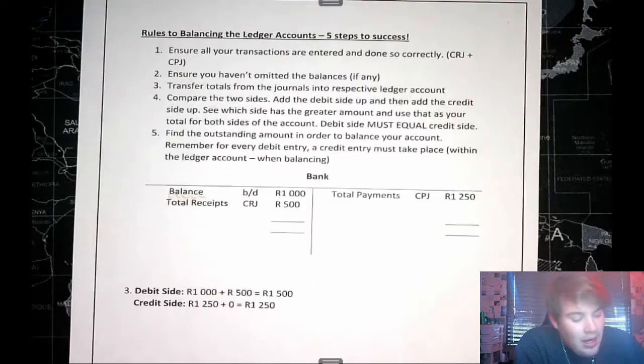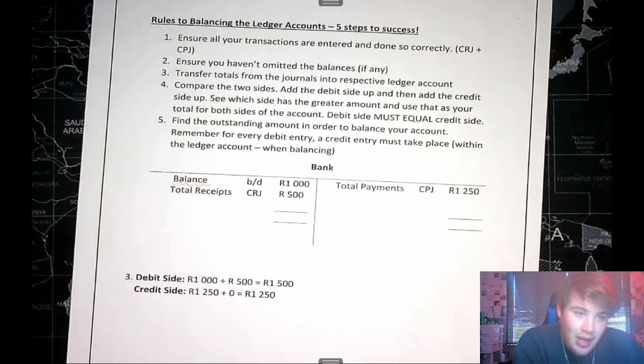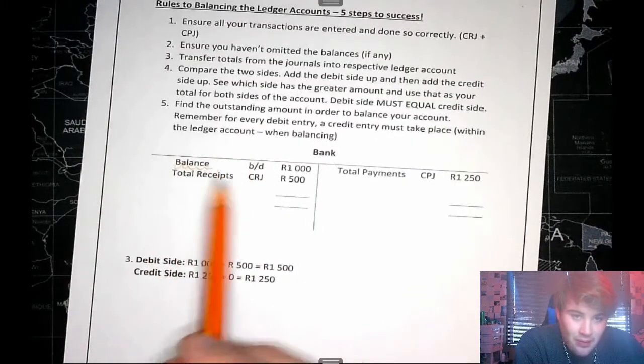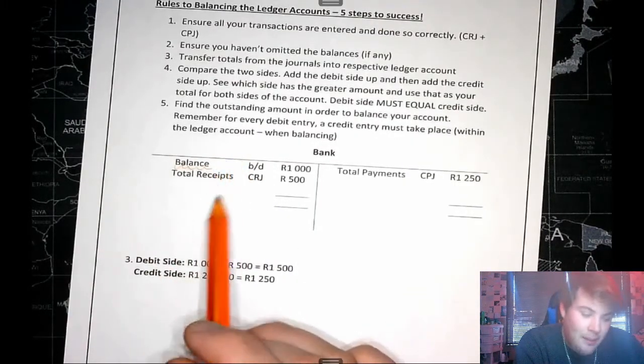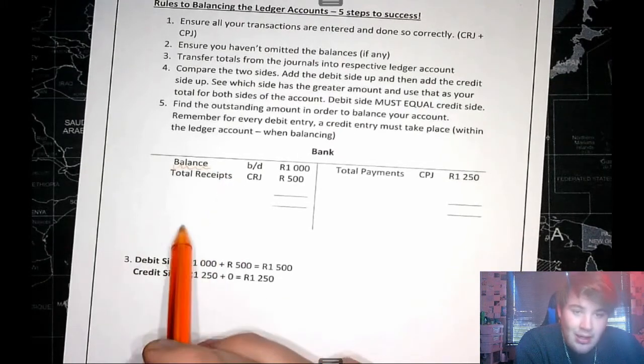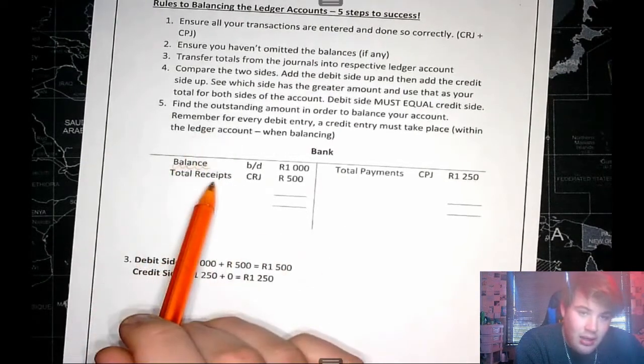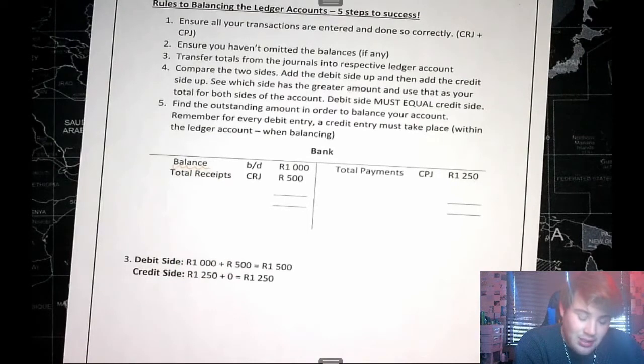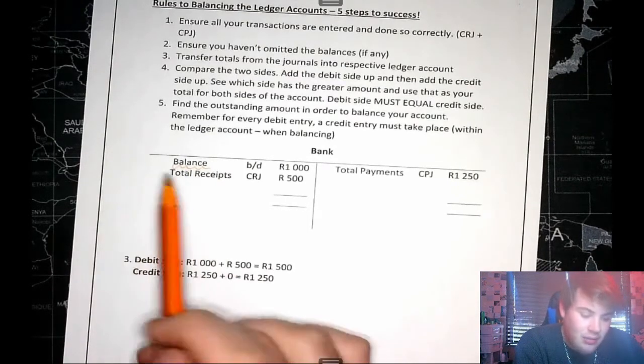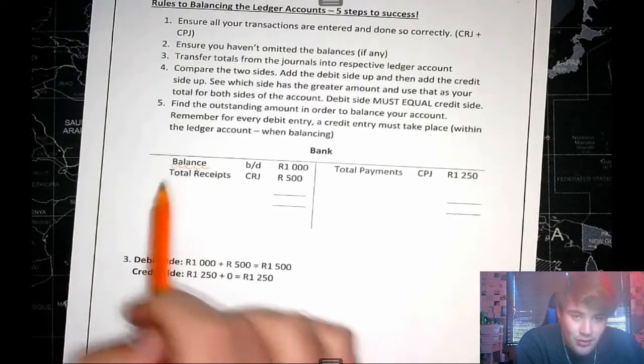Now in the CRJ, we would of course have our bank column there, and when we add all those transactions up at the end of the month, we get a total. Now instead of entering everything individually into the bank ledger account, we can group it using that total amount in the CRJ, and we give it the details total receipts.